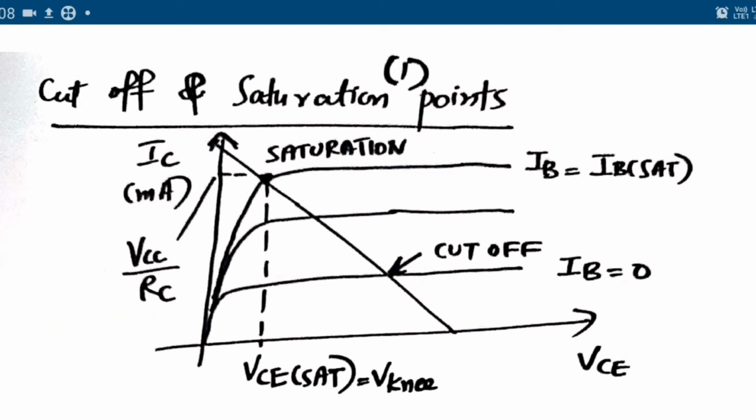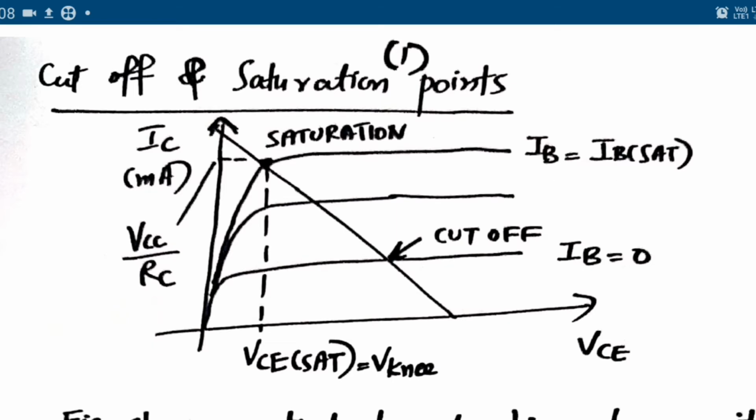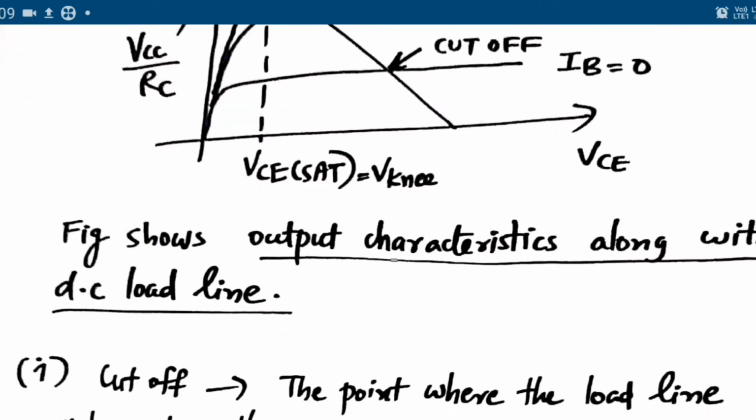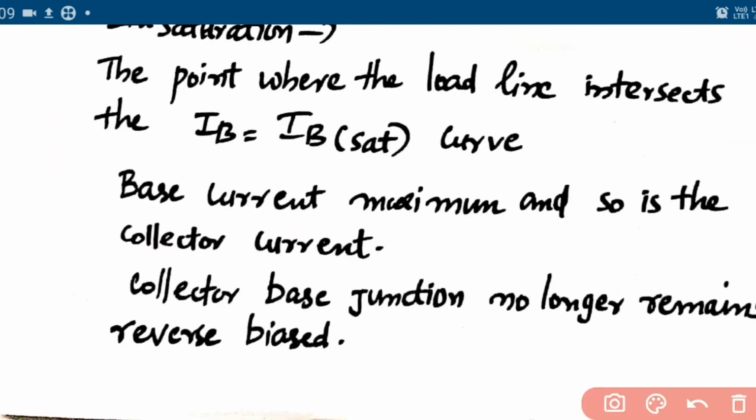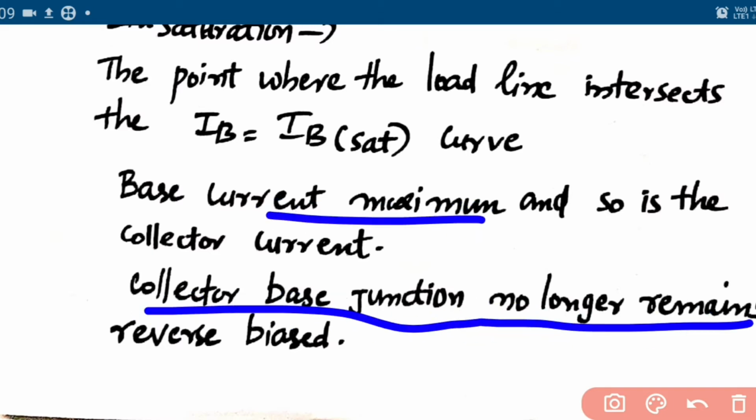So at this point, we have the saturation, the maximum base current. Okay, and the situation here is the base current is maximum, and the collector base junction no longer remains reverse biased. Okay, the collector base junction has to be reverse biased.